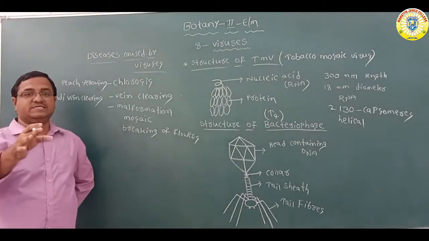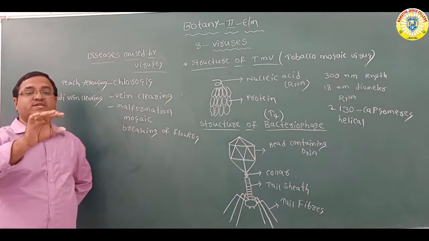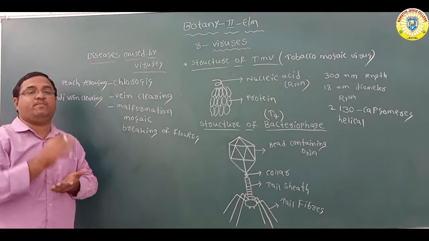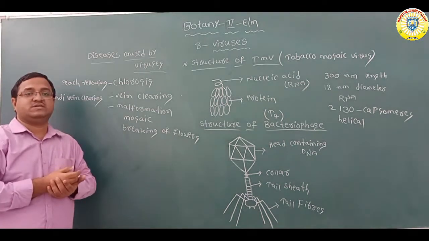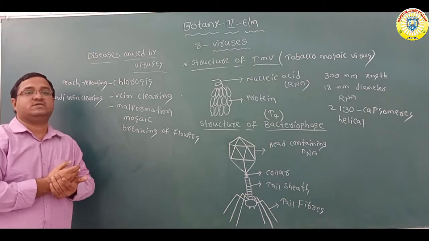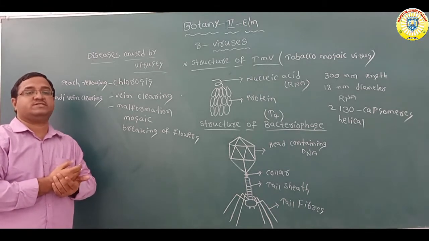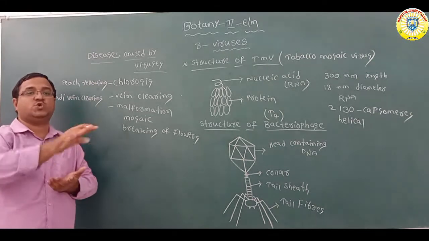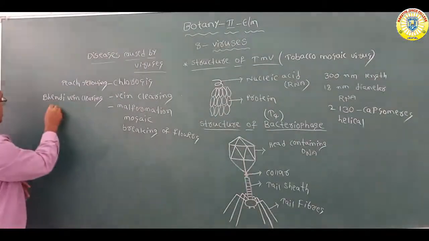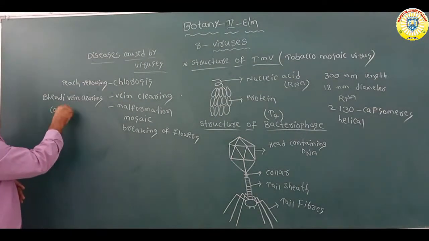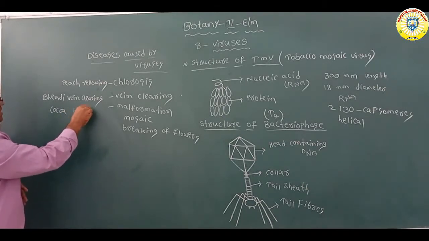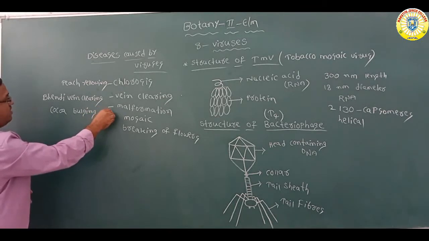Malformation means in some plants you can see swollen shoots, the stem bulging, especially in cocoa plants. In the cocoa plant we can see the common disease, malformation, meaning swelling and bulging of the shoot or stem.